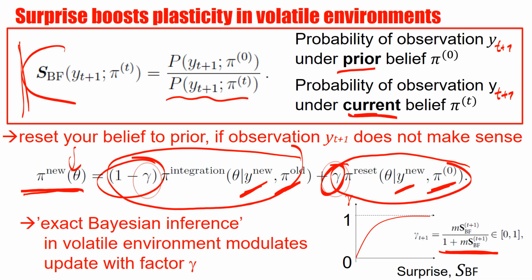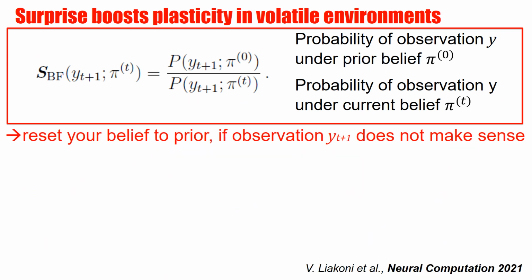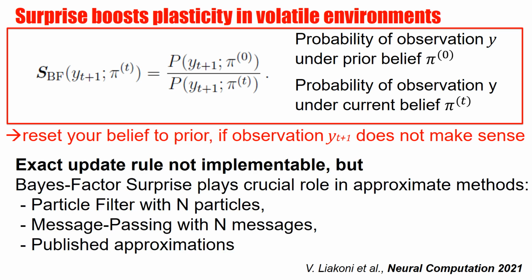So this formula I show you here is exact Bayesian inference in a volatile environment. Exact Bayesian inference predicts that we need to modulate the update with the factor gamma, and this gamma depends on the Bayes factor surprise. Now it turns out that this exact update rule is not implementable as such, but this Bayes factor surprise plays a crucial role in approximate methods.